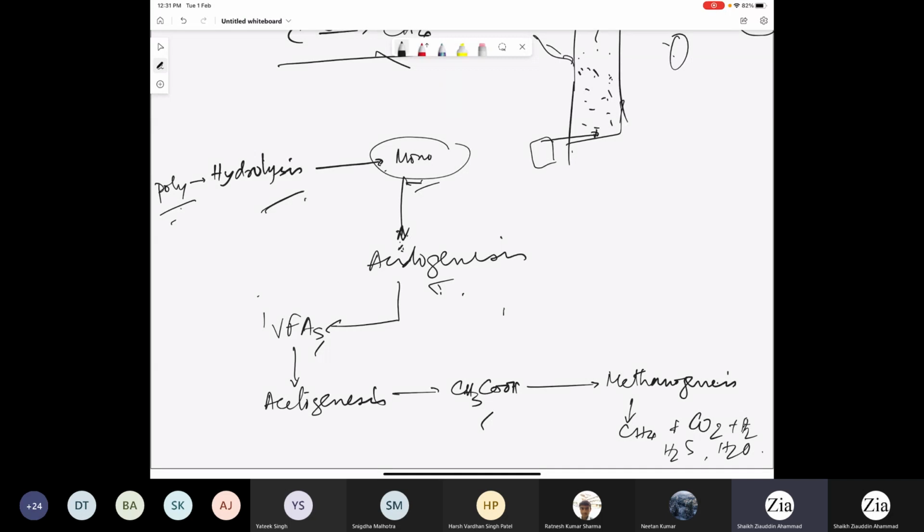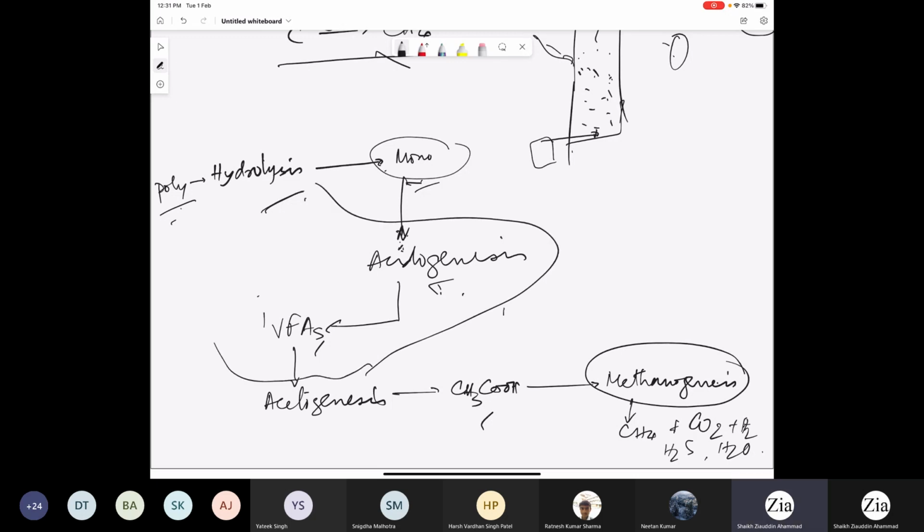Inherently we get very fast conversion for hydrolysis, and acidogenesis and acetogenesis are also comparable. Their growth rate is reasonably good, in hours. Whereas for methanogenesis, the growth rate is mostly in days, say half a day or 2 days, 3 days. They are inherently very slow growing organisms, whereas these three are quite good, so they can grow at a faster rate.